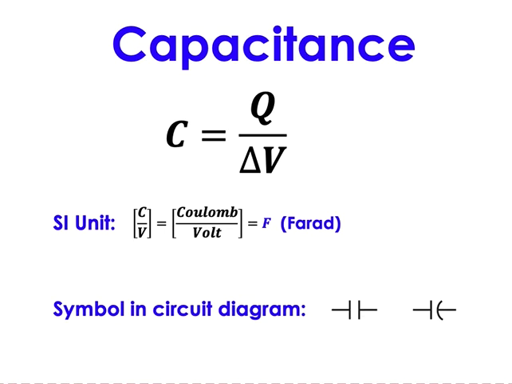Capacitance builds a relationship between potential difference and stored charge. It means a capacitor can store this charge and also can store electrical potential energy.